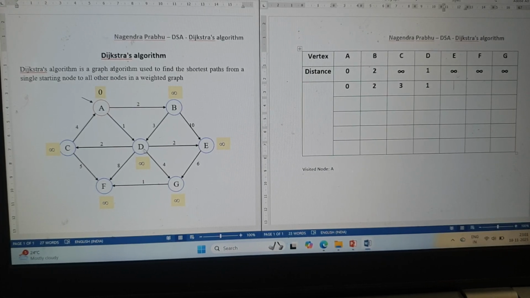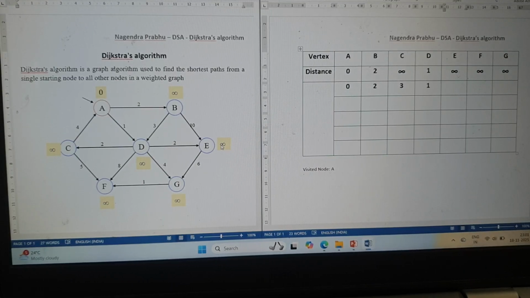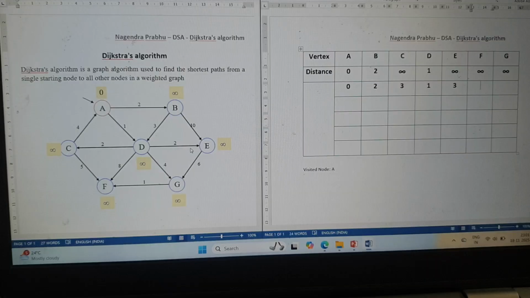Since we start from A, A to D is 1, D to E is 2, so 1 plus 2 is 3. Now D to F, we also have a direct path, you can see here 8. Our starting point is A, so A to D to F is 8 plus 1, which is 9.